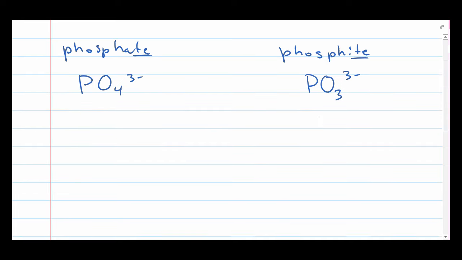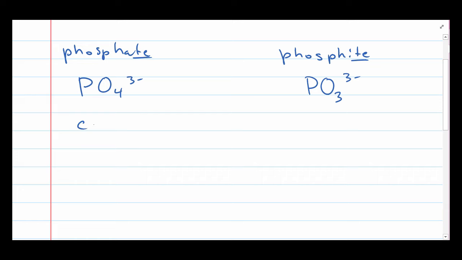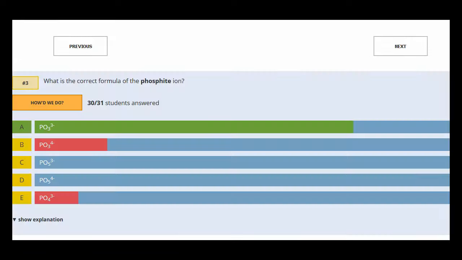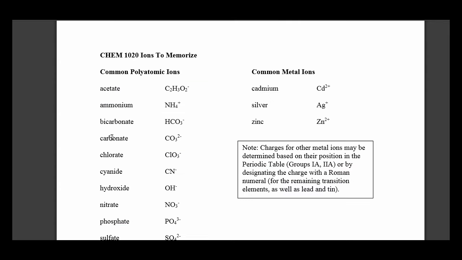Now, that means that if we went to something like carbonate, which has a formula of CO3 with a charge of 2 negative, and that's one of them that's on your sheet, the carbonate ion.